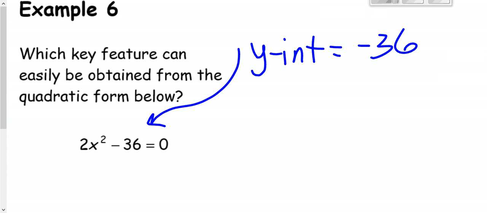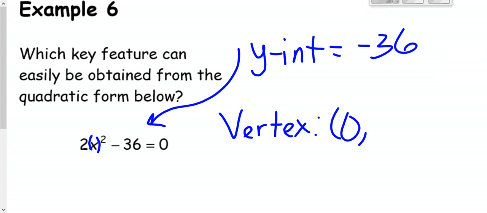But because you don't have a b value in there, we could also call this vertex form, because you can actually get your vertex from there as well. If we think about what's inside the parentheses, that would make a 0 in there, right? X plus 0. And then outside the parentheses, we have that -36. So in this example, our y-intercept is our vertex. So you can get both of these key features from this form.